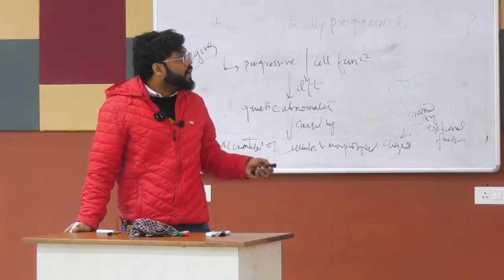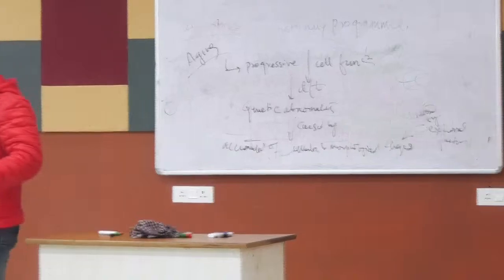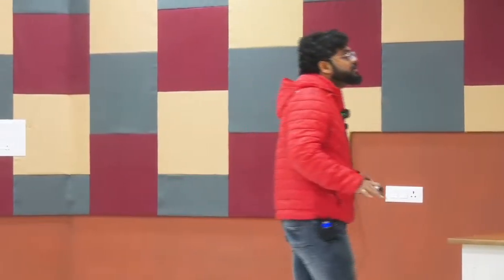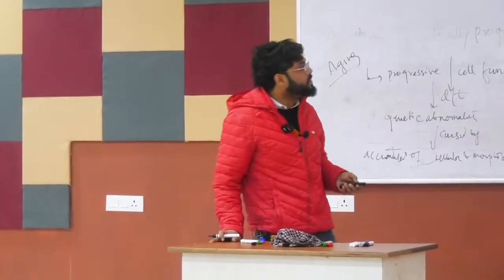Third is defective protein homeostasis: the normal protein metabolism within the cell, and within the body, is defective.